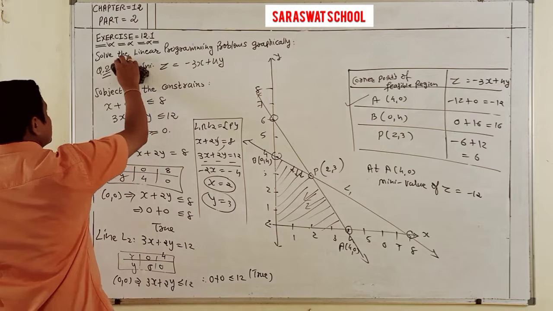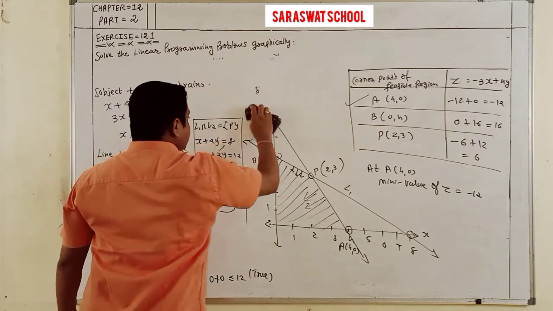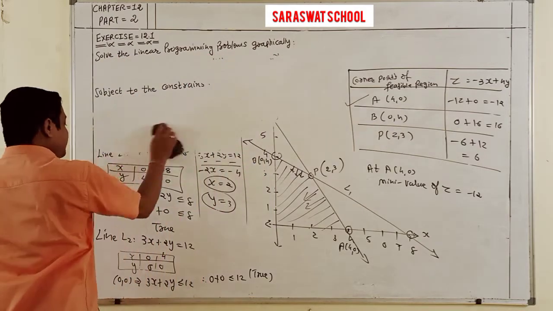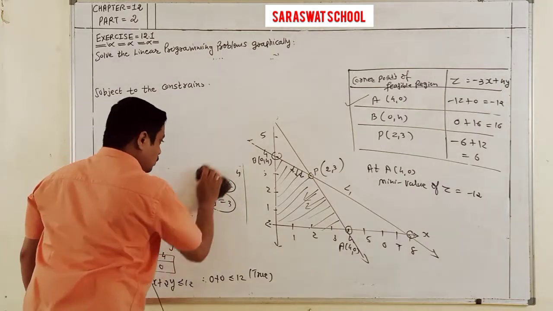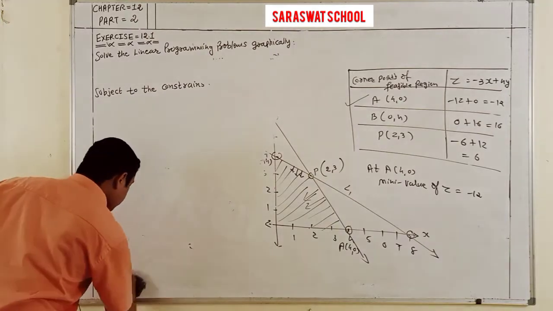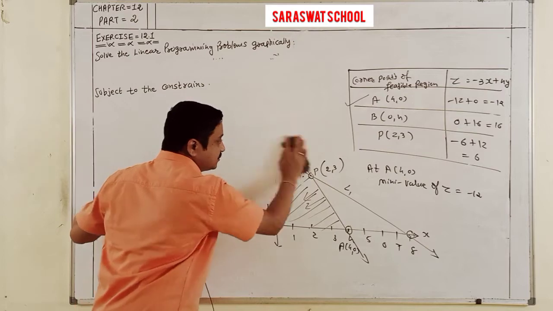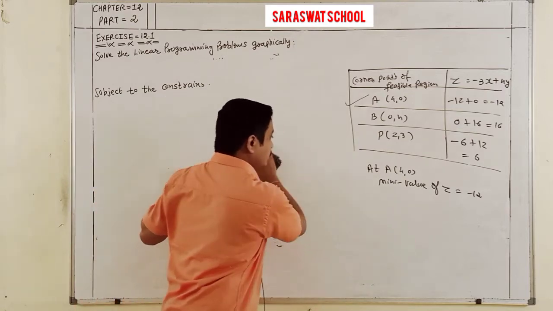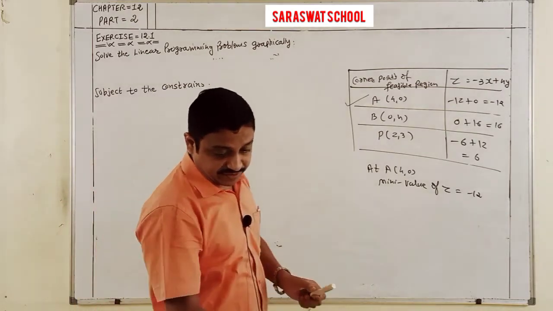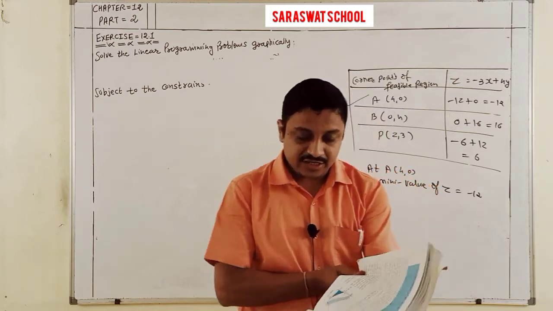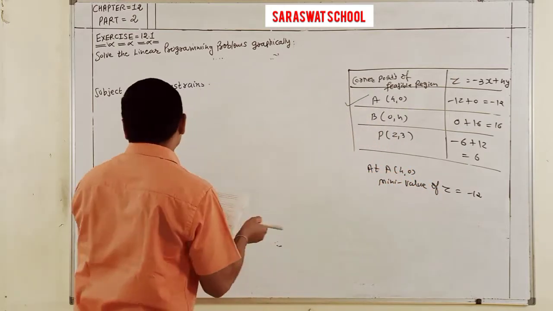Now continue with question number 3. The same subject is given, and you decide the minimum and maximum values. In the third question, find here only the maximum value.